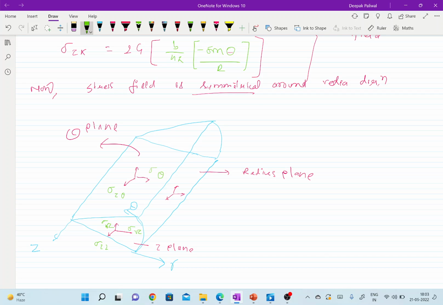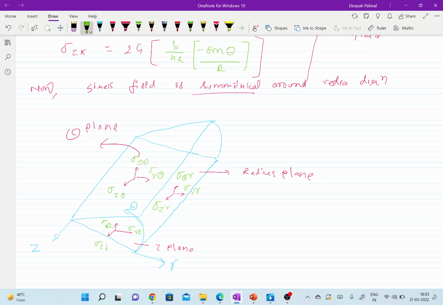This is on the z plane in the r direction, and this is on the z plane in the theta direction. This is on the theta plane in the z direction, this is on the theta plane along the r direction, and this is on the theta plane in the theta direction. This is on the radial plane along the r direction, this is on the radial plane along the theta direction, and this is on the radial plane in the z direction.